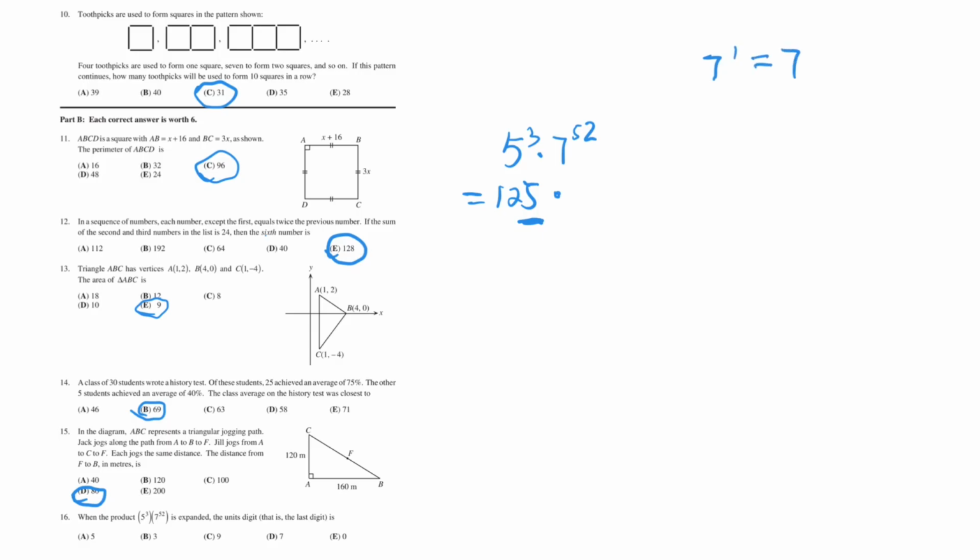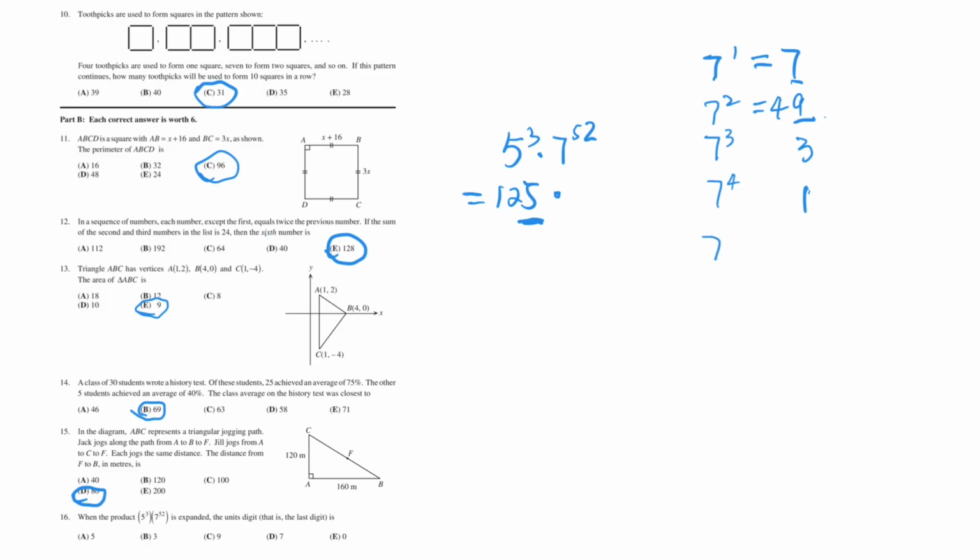7 to the power 1 is 7. 7 squared is 49, so the one's digit is 9. 7 cubed, the one's digit is 3. Then 3 times 7, 7 to the power 4, gives 1.